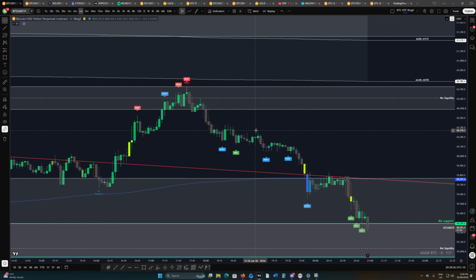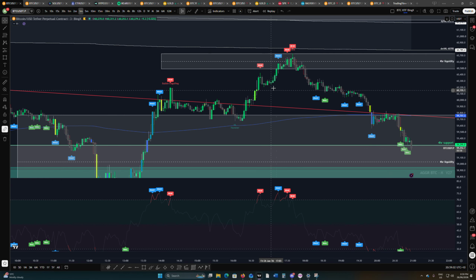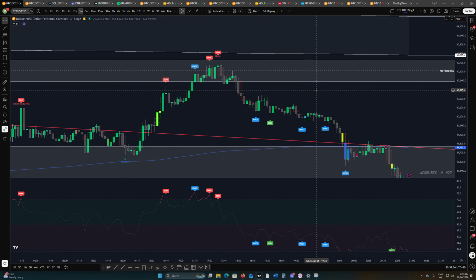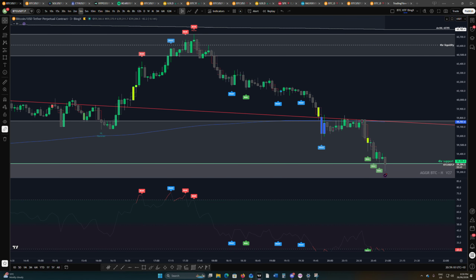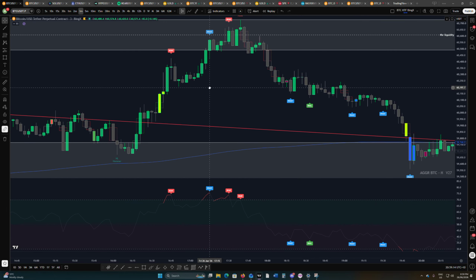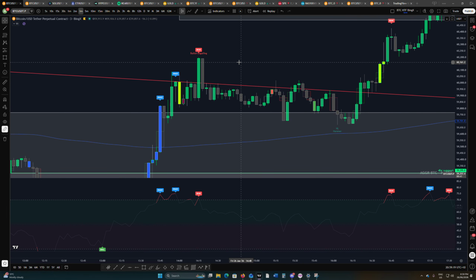Anyway, so 3-minute as well. Just an indication of potential reversals. So it just gives you more resolution for price action and strength, where it may not be represented on the 5-minute.